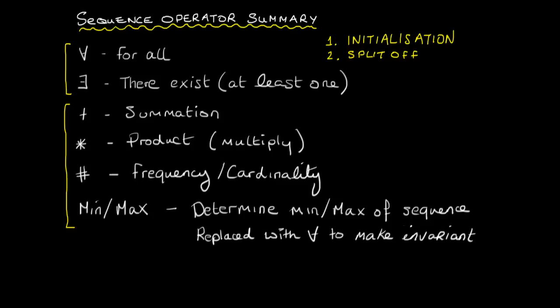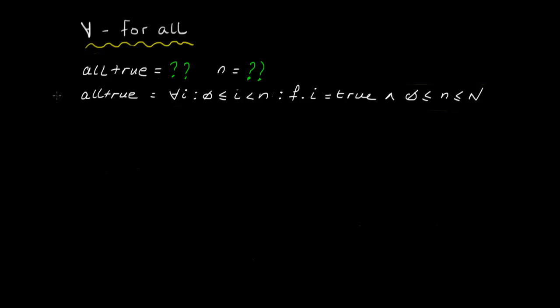So the first operator that we'll have a look at is the for all operator. Now the for all operator, you must remember when you're dealing with this operator, for all gives us a conjunction. So that is a set of things that are ANDed together. You get a set of statements that are separated by AND.